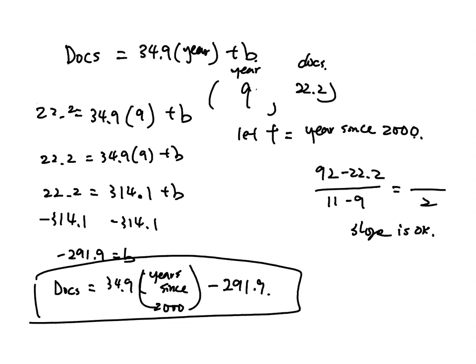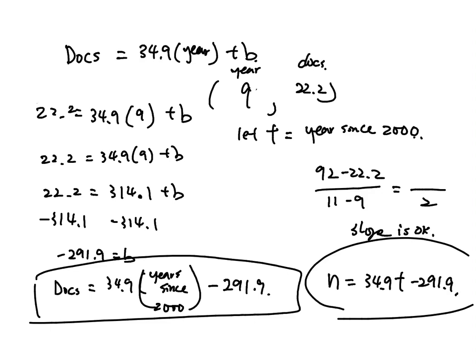Okay, so we have N equal 34.9 T minus 291.9. Okay, so yeah. So the first question for that is we gotta figure out what's dependent and independent, so you know what's your quote unquote x and y. Because most of the time they're not gonna use x and y in the story problem, right? In this case, they use the n and t, so we just gotta be extra careful.